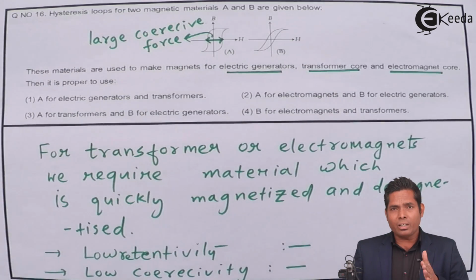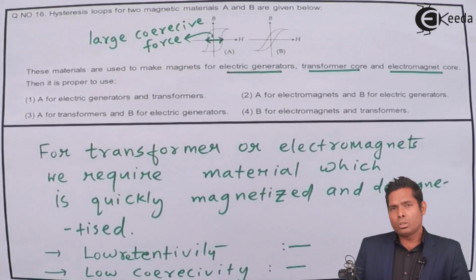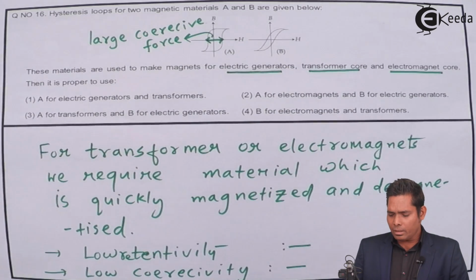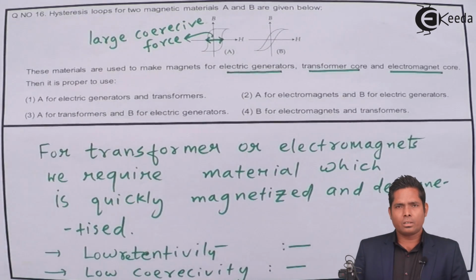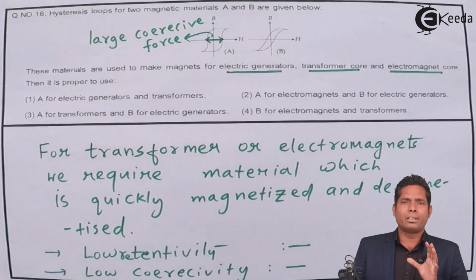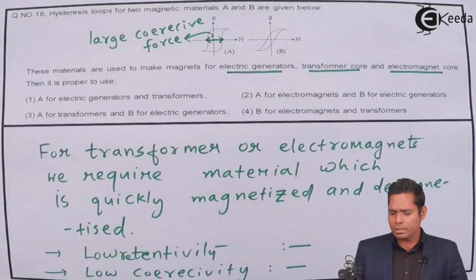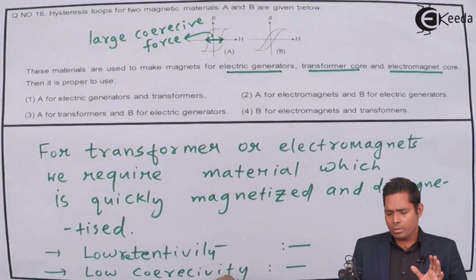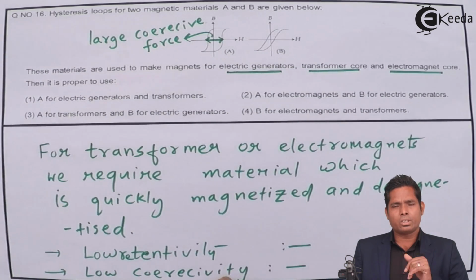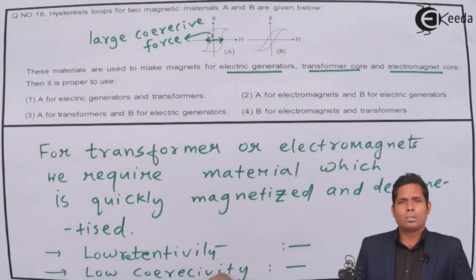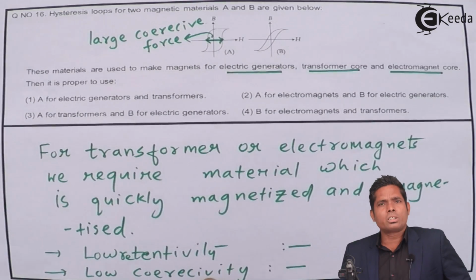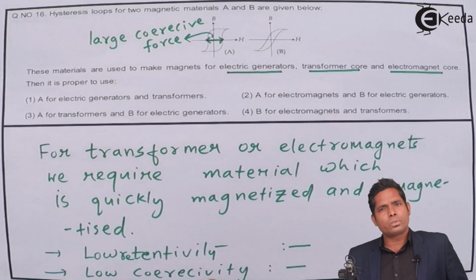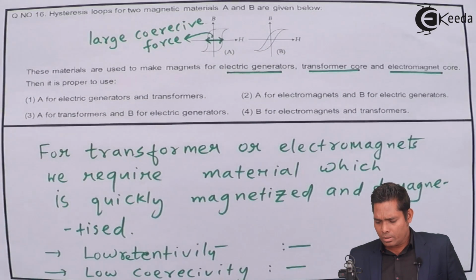The applied magnetic field responsible to surrender the magnetism, that is called coercivity. To persuade the substance to make its magnetism zero. So this is the ability or the intensity of the applied field to make the substance reduce its magnetic field to zero. That is known as coercivity.